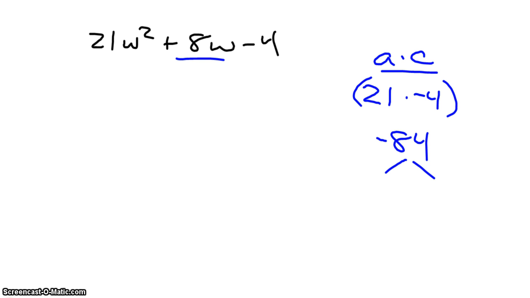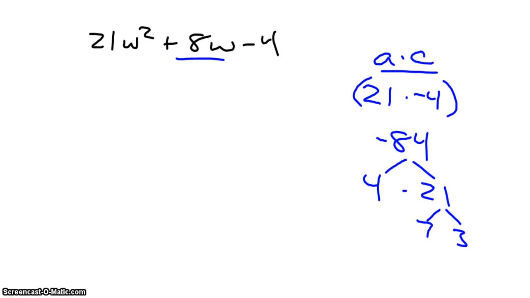Okay? So let's see, what goes into 84? 4 times what? 21. Now, do those subtract to give us 8, the middle term? No. So what are the factors of 21? 7 and 3. Oh, okay.